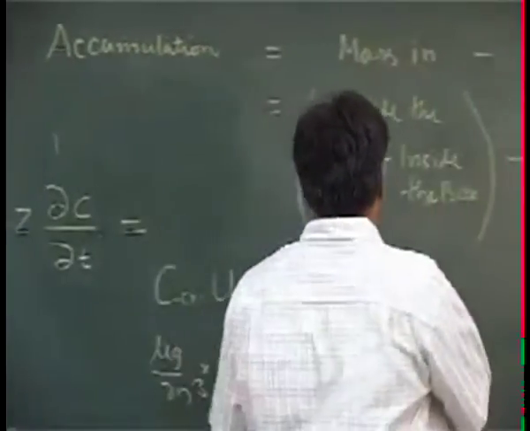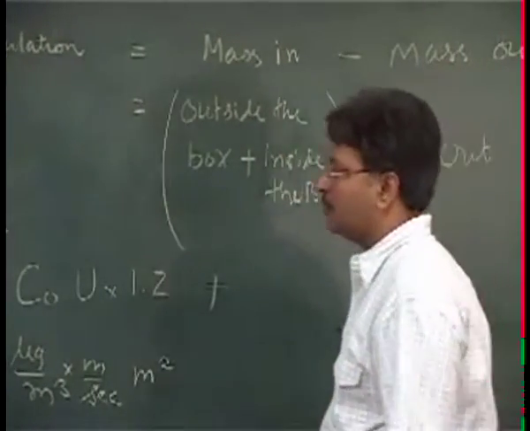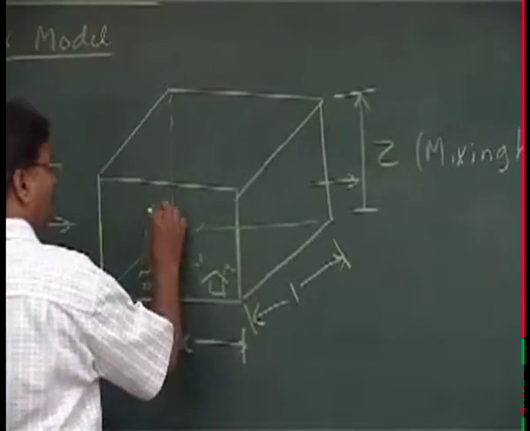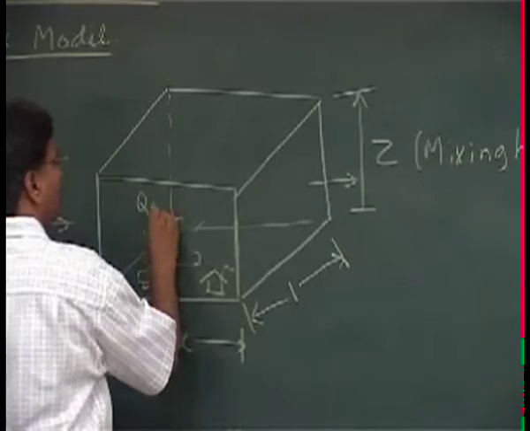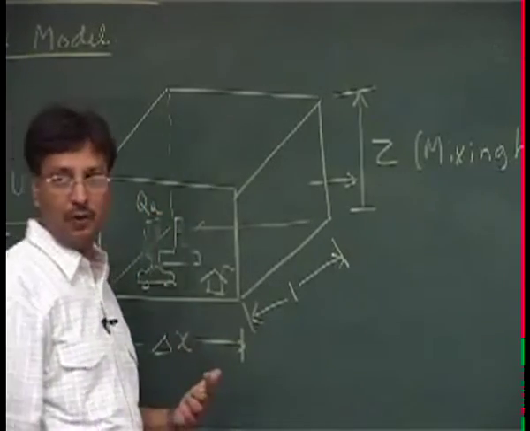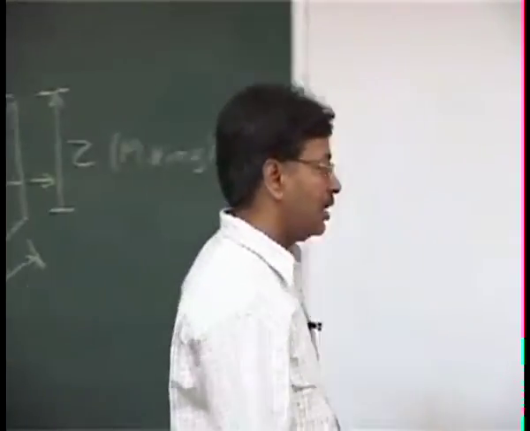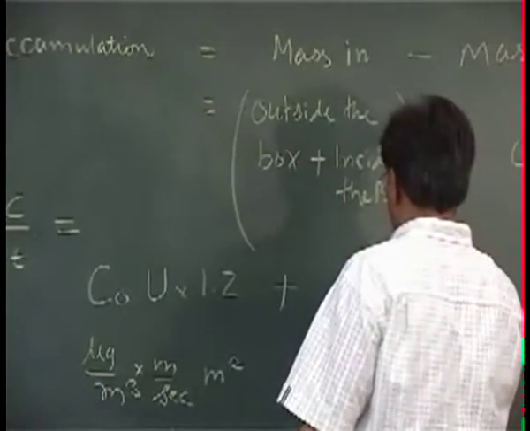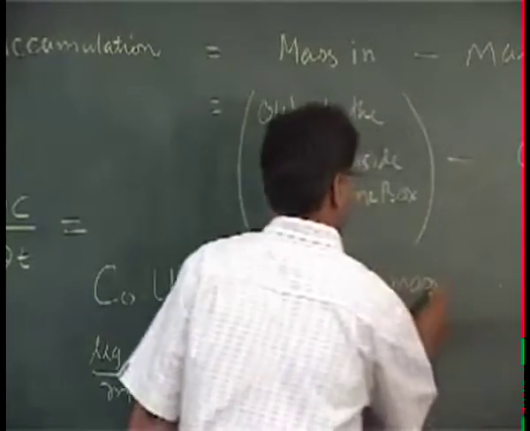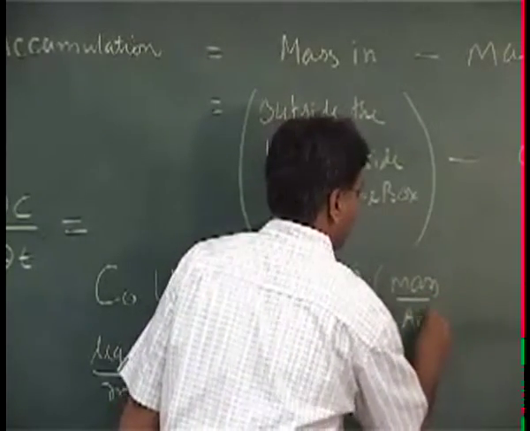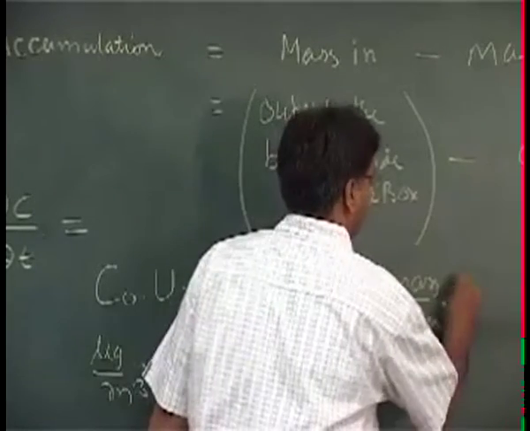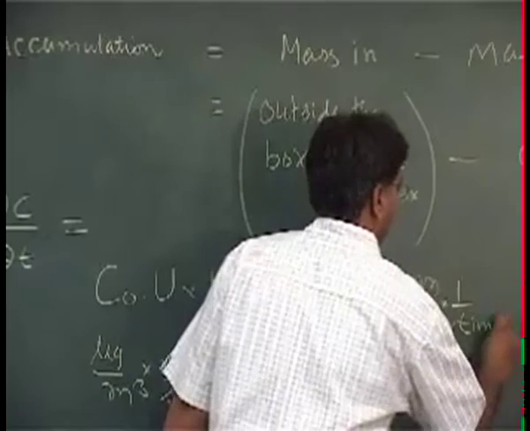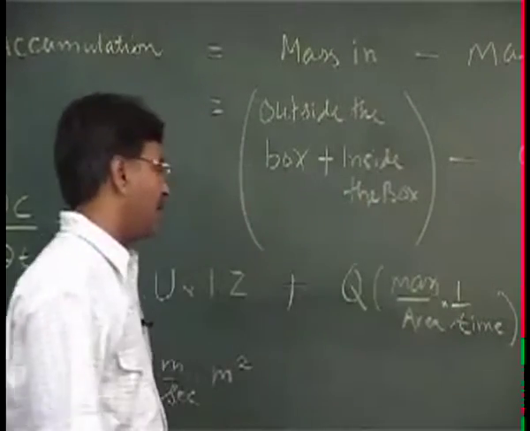From the box, suppose this emission rate, which I am calling QA, is mass rate per meter square, so mass per unit area, per unit time. What do I multiply this with?